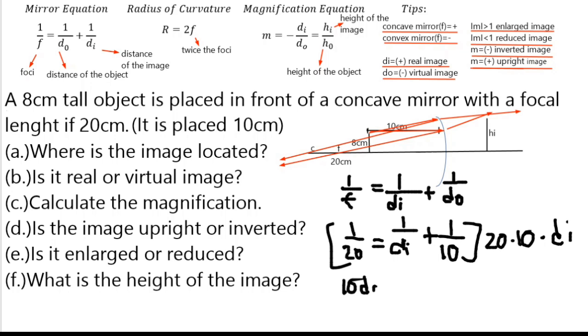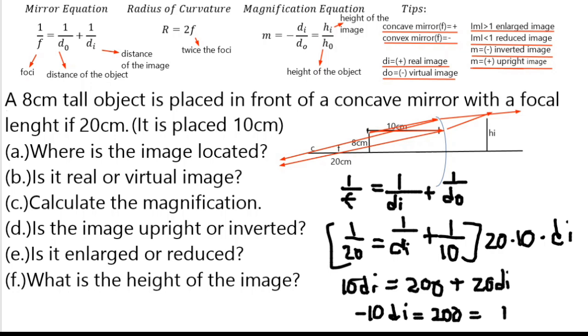This is going to be this and this is going to be this. Now we can move it to the left side, so we'll get negative 10 di and then 200. So di is going to be negative 20. Okay, so this is the distance of the image.